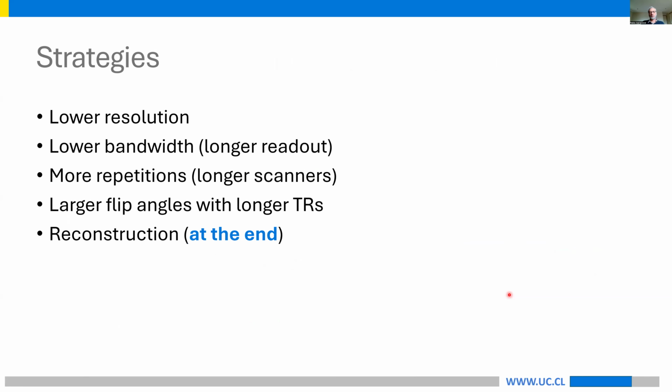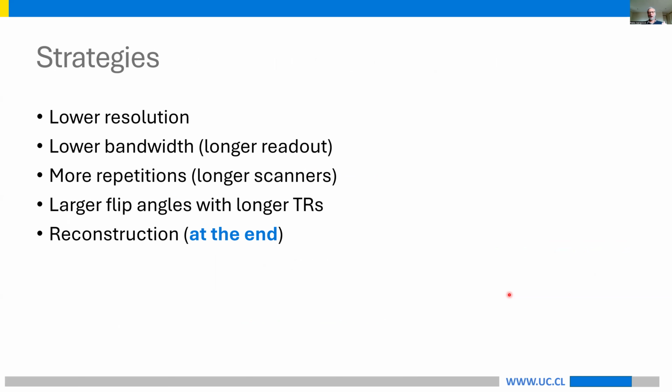So the strategies for dealing with the low SNR are, as I said, to lower the resolution. You can also lower the bandwidth. That means that you need to read out for a longer time to acquire more signal and to average out the noise. Do more repetitions. That means longer scans.